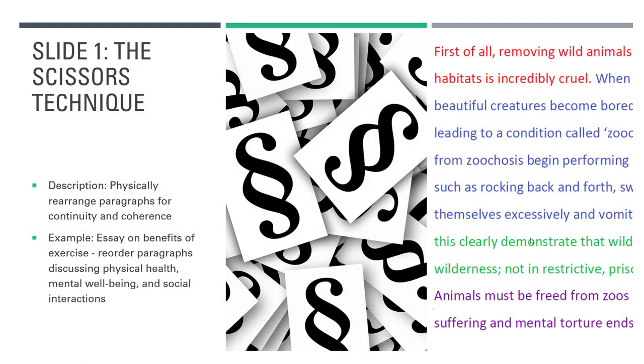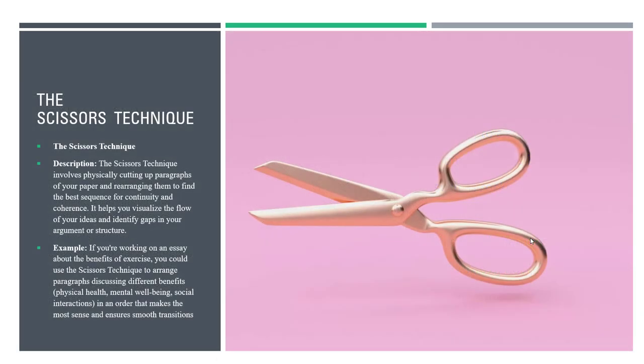The first technique is called the scissors technique. In the scissors technique, you physically rearrange the paragraphs for continuity and coherence. The scissors technique involves physically cutting up paragraphs of your paper and rearranging them to find the best sequence for continuity and coherence.